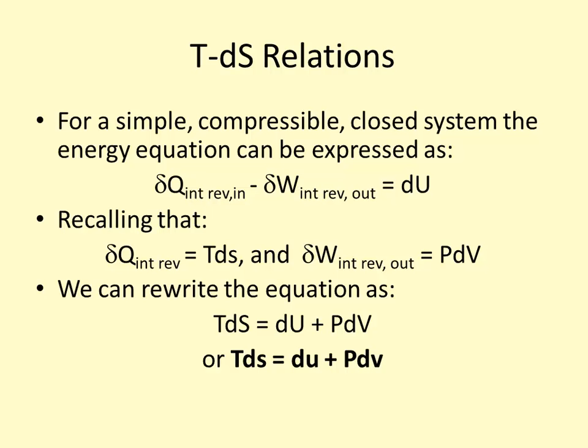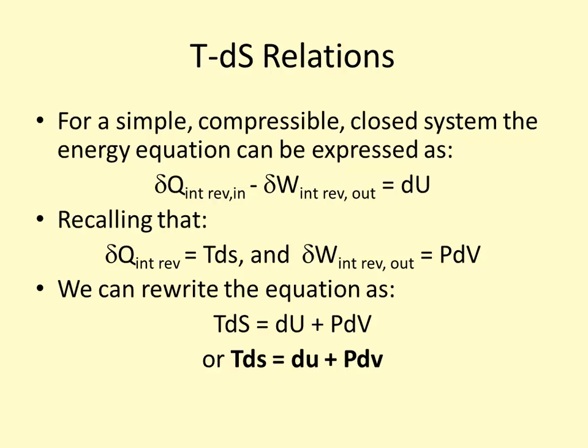So if we have a simple compressible closed system, let's just talk about those terms. What is a simple system? All the systems we analyze in this class are simple. It can be a simple system but still have mass transfer. But a simple system is one that's not complicated by gravitational effects or centrifugal effects or magnetic fields or radiation or other things that will change how these equations are analyzed.